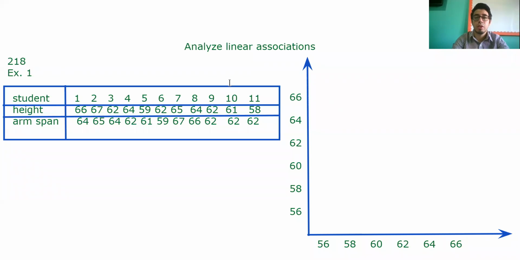So if I draw in here, for example, the first one, remember, for x, in this case, this is x, and this is y, x is going to be the height, and y is going to be the arm span. So we start by placing the points, locating the points that we have on the book. For example, the first one is 66 for x and 64 for y.